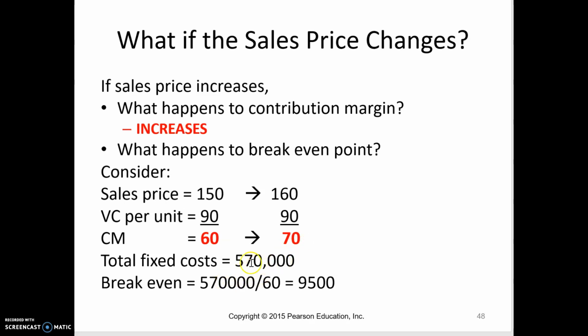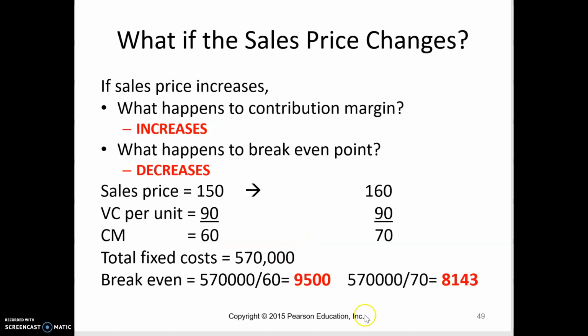Well, we take the total fixed cost and divide it by 60, so 9,500 was our break-even. If the sales price increases and the contribution margin increases, then the break-even is going to decrease, right? Because we don't have to sell as much in order to break even because our contribution margin and contribution margin ratio were higher.